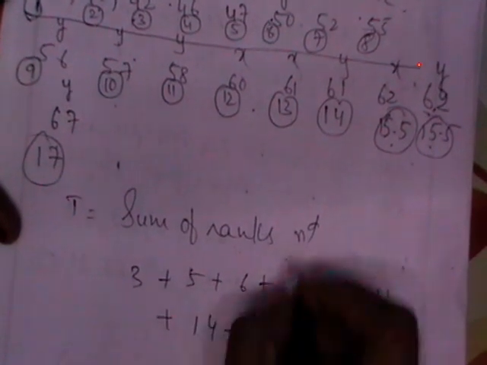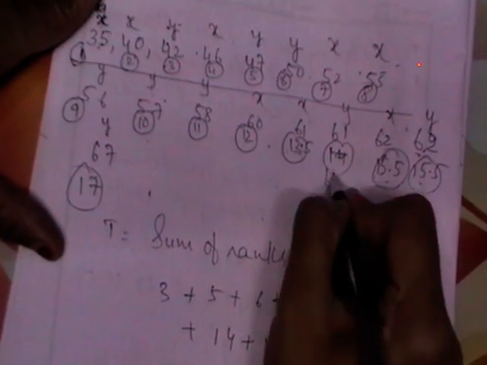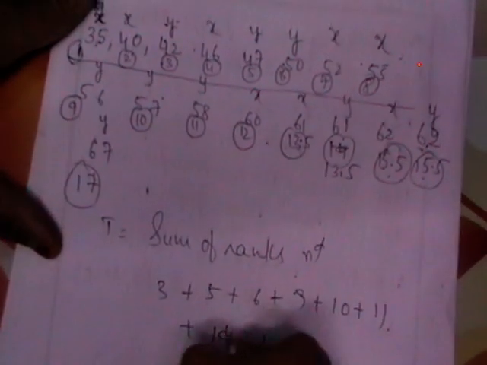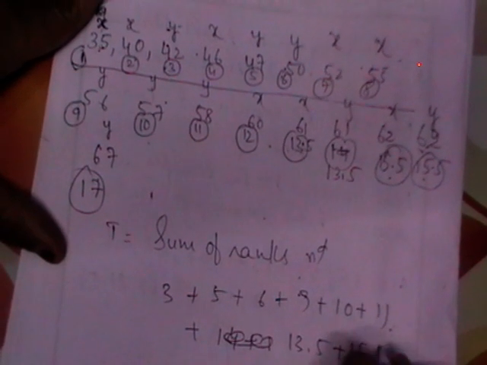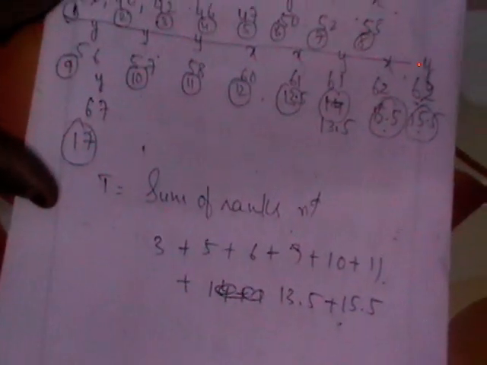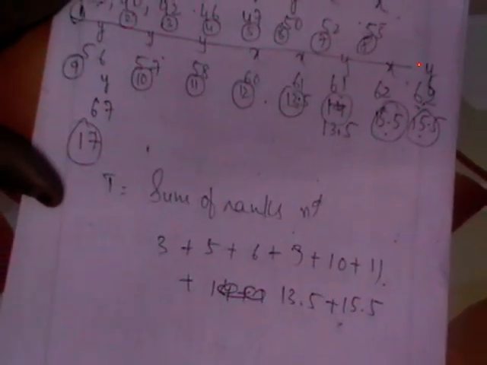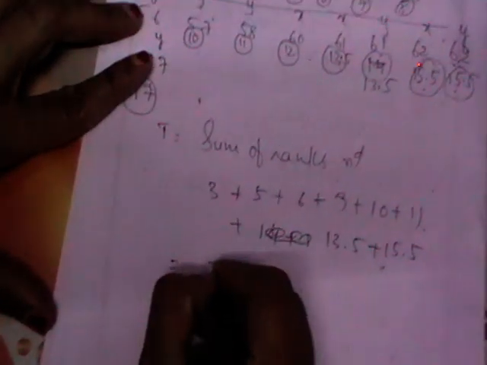I think this one also we can share as we have a tie here: 13.5, 13.5. So this will be 13.5 plus 15.5. We are adding the ranks only for the second sample, and to identify whether the observation is from the second or first, I wrote x and y while assigning the ranks. So T is around 90.